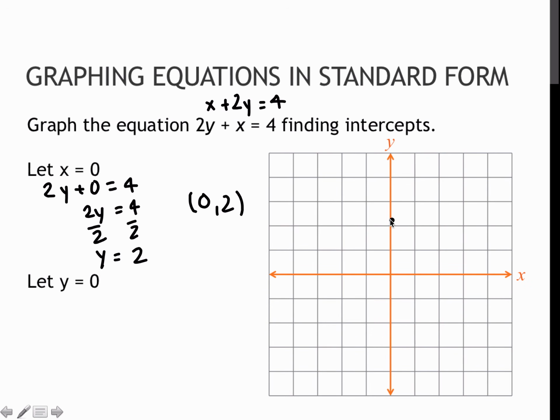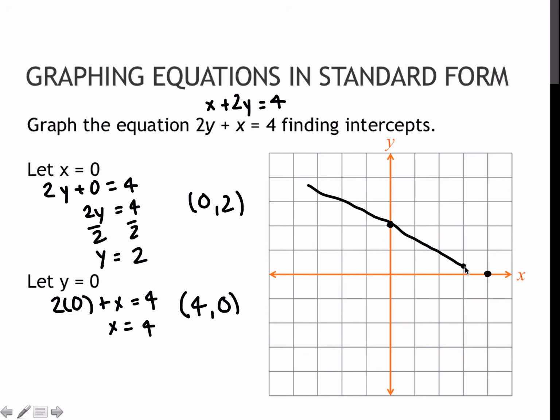I'm going to plot the point 0, 2 on my graph. When I let y equal 0, 2 times 0 is 0, which leaves me with x on the left and 4 on the right. So 4 is my solution, 4, 0 is the point, and I'm going to connect the dots. And that is what my line would look like.